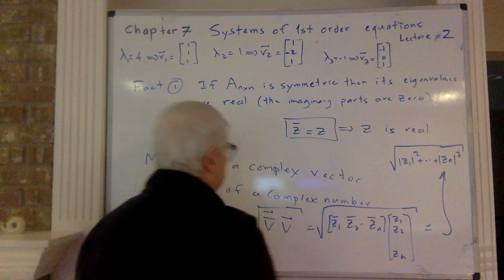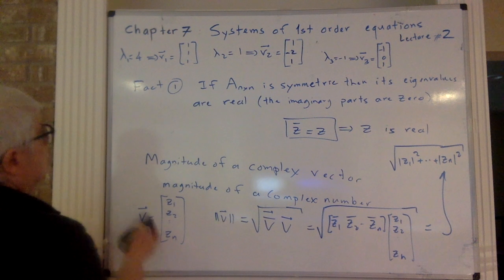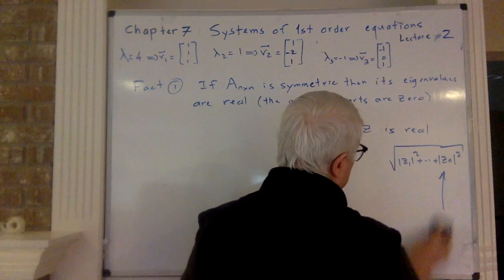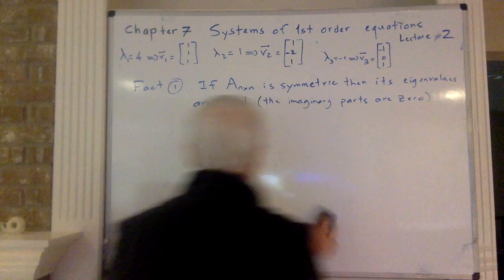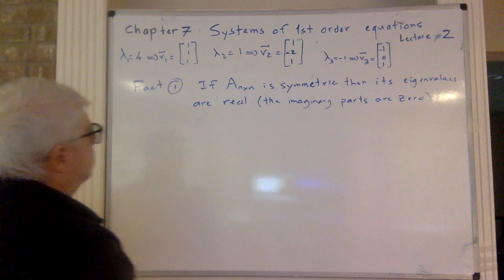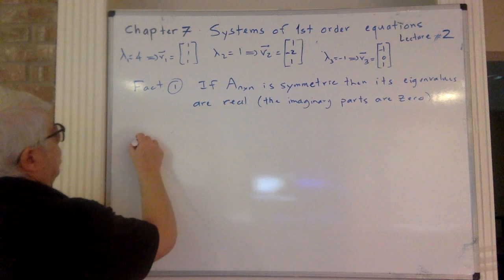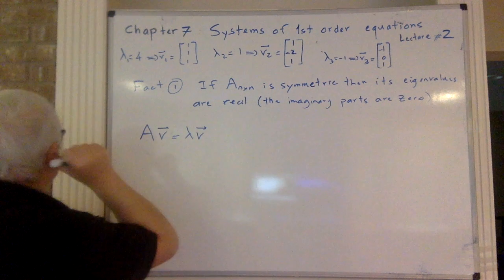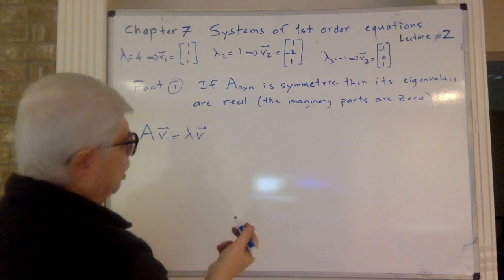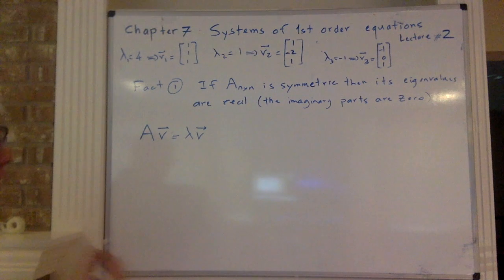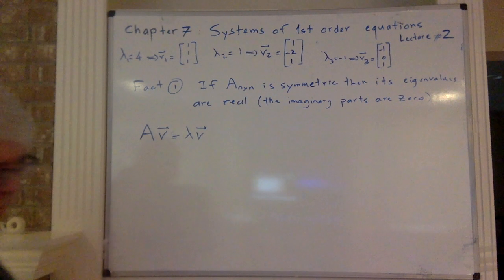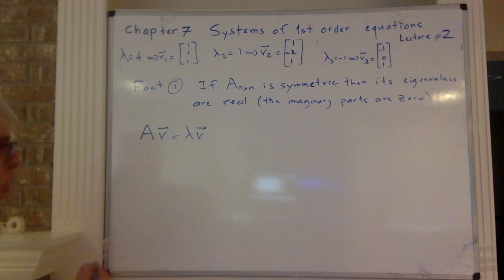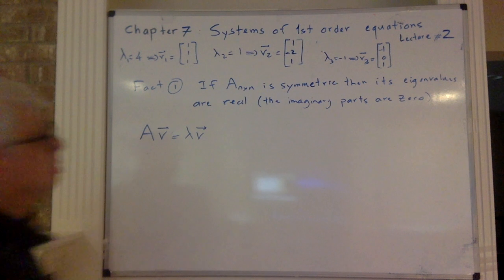Okay, so these two facts I'm going to use here. So first of all, if A V is lambda V, if I have two complex numbers multiplied and I put the bar, I convert them to the conjugates, so the conjugate of the product is the product of the conjugates.